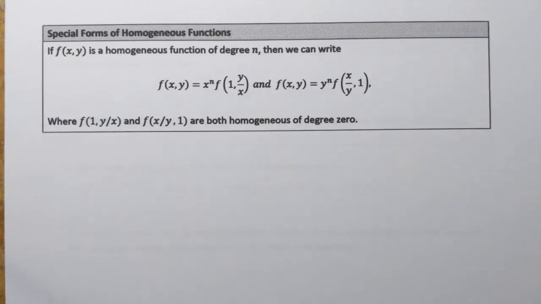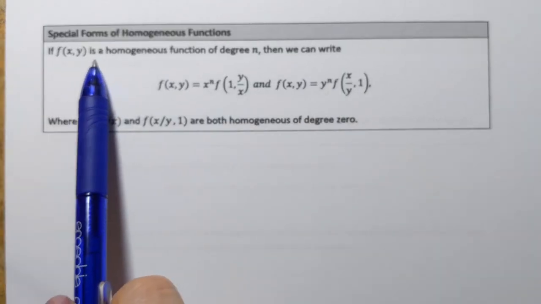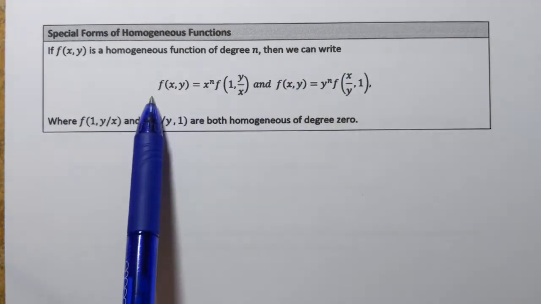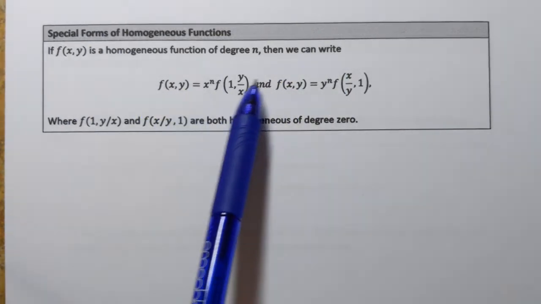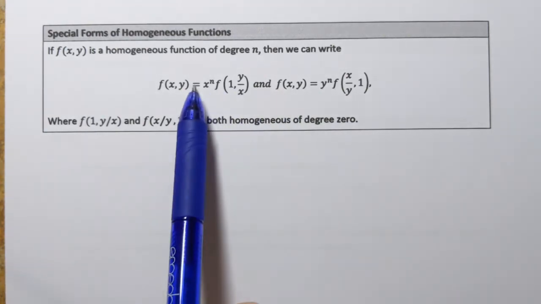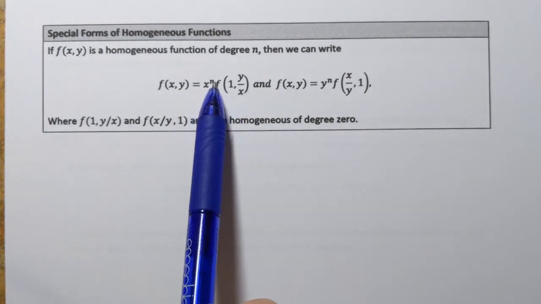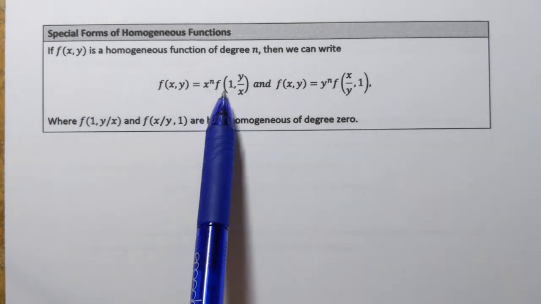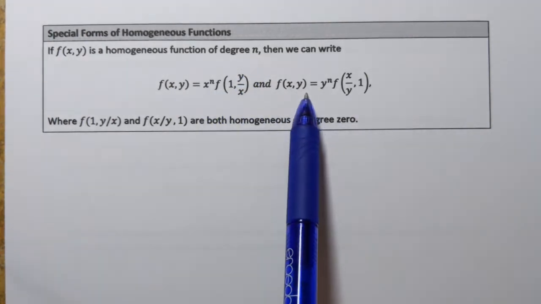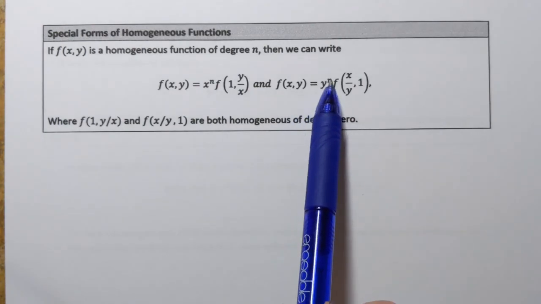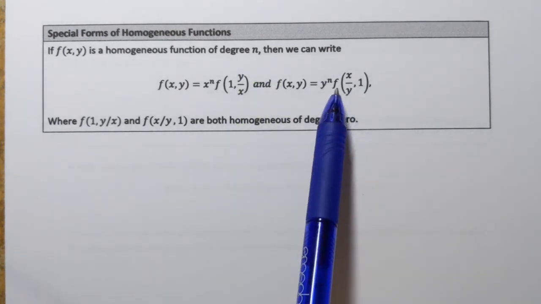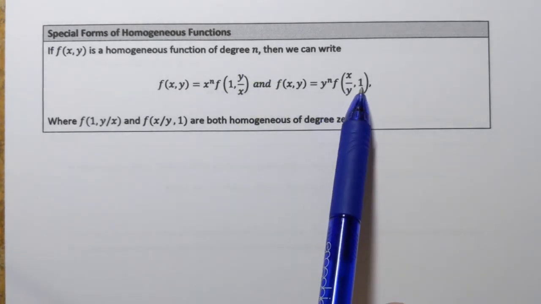So what we just observed with this exercise is just one of the properties of homogeneous functions. And this is how this property is officially defined. If f of xy is a homogeneous function of degree n, then we can write this function two different ways. And that's what we just looked at, right? X to the power n, where n is the degree of homogeneity, times f of 1 comma y over x, or if we have y in the front, to the power n, which matches the degree of homogeneity, times f of x over y comma 1.